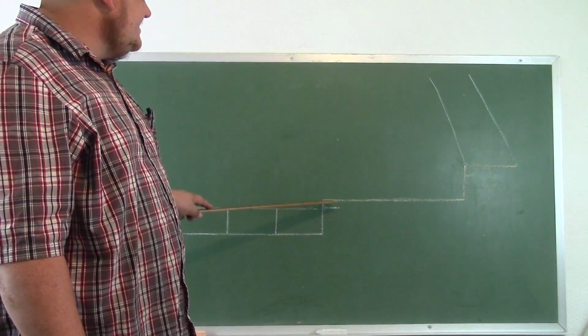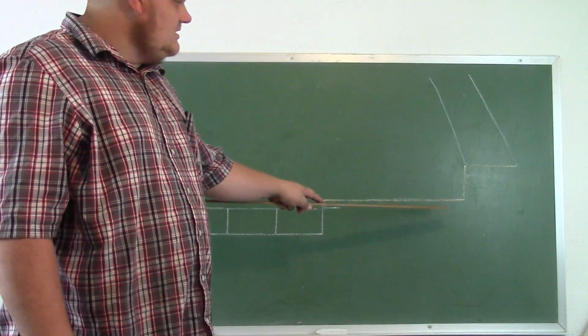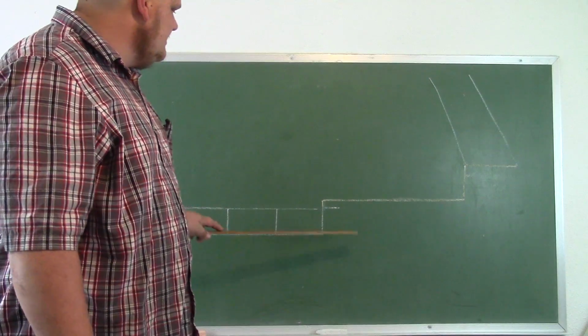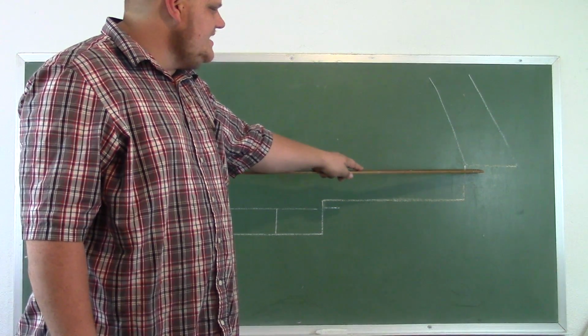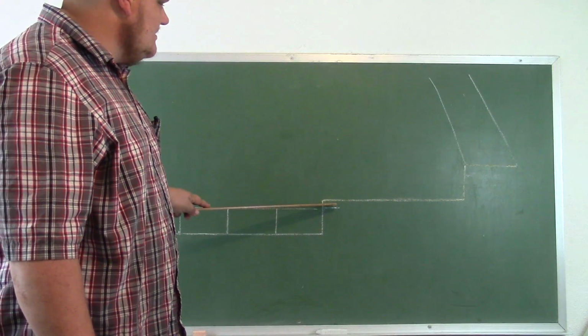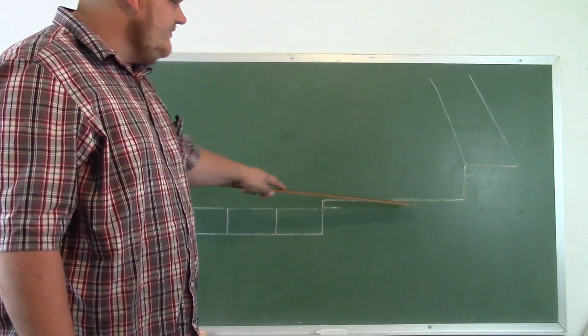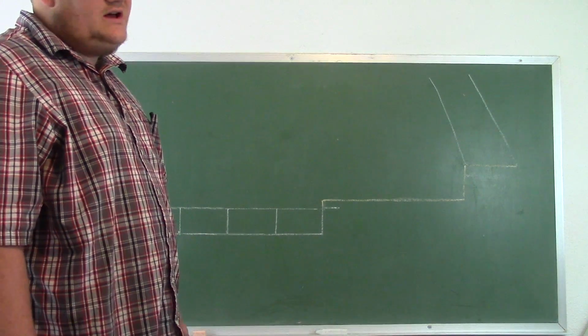See, if this right here is level, it's too tall here in different amounts. It's like 3 inches here and 2.5 inches here, and it's almost perfectly level.